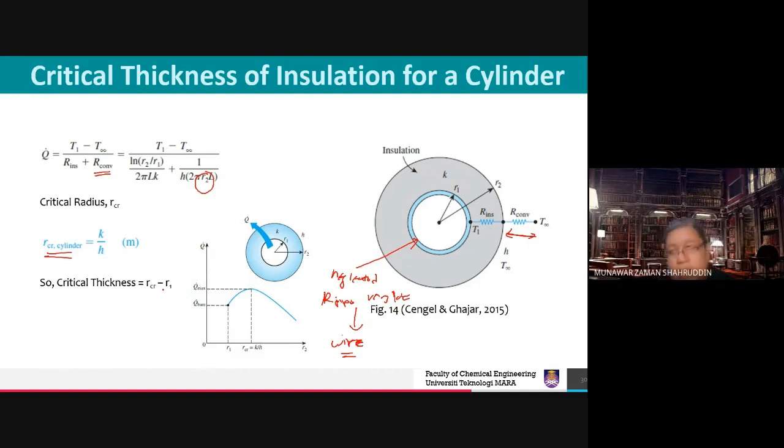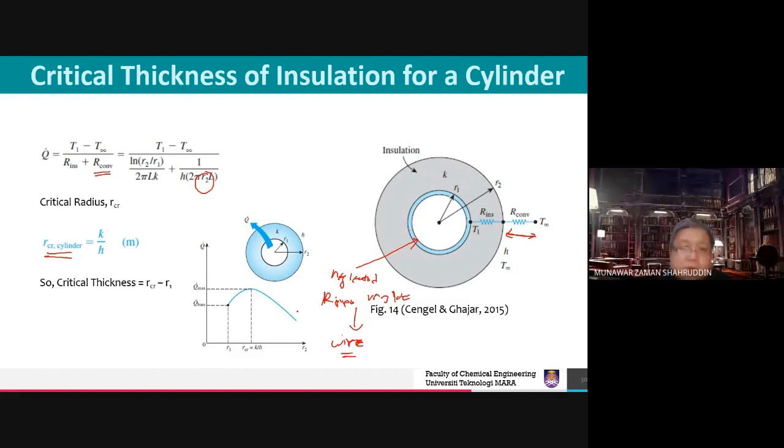So for electrical wire, our intention is basically to ensure that the higher the heat transfer to the environment, meaning that your punya temperature at the surface tu is lebih rendah.